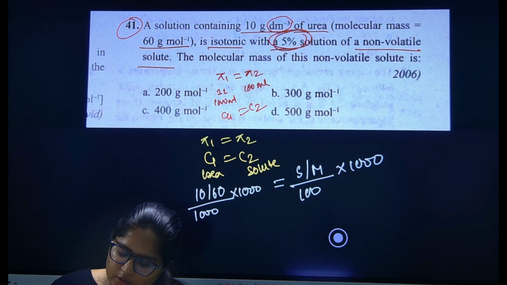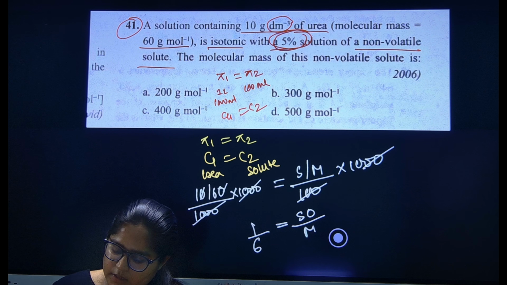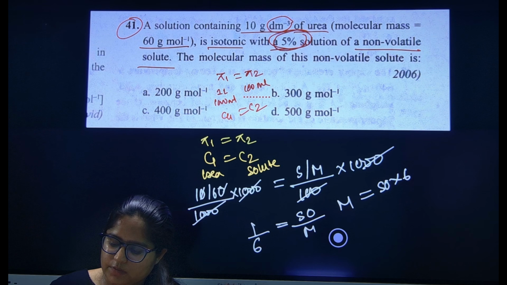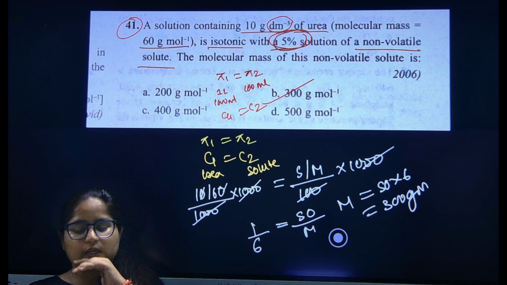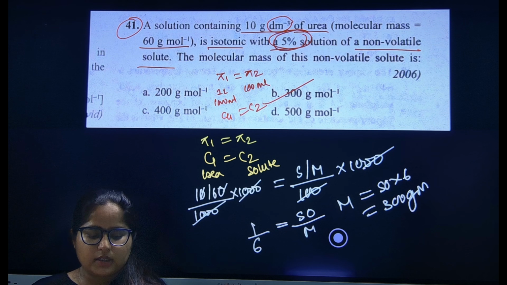So 50 by M equal to, this 1000 is gone, zeros gone, so here 1 by 6. From here, very simple, M equal to 50 into 6, which is 300 gram. That is the right answer, so option B is the right answer. Clear? Now let us see the next question.